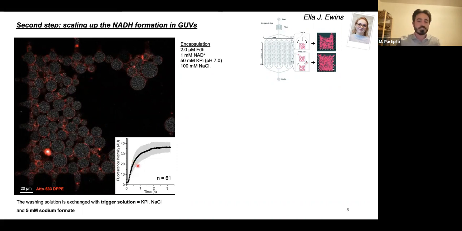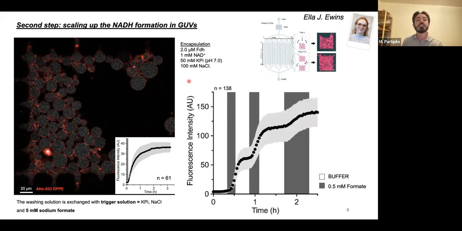You can, of course, plot this nice movie in a Cartesian graph following the increase of fluorescence over time. But then we also decided to take advantage of this feature of exchanging external solution in another way. So we decided to carry out a similar experiment in which initially we flow only buffer.